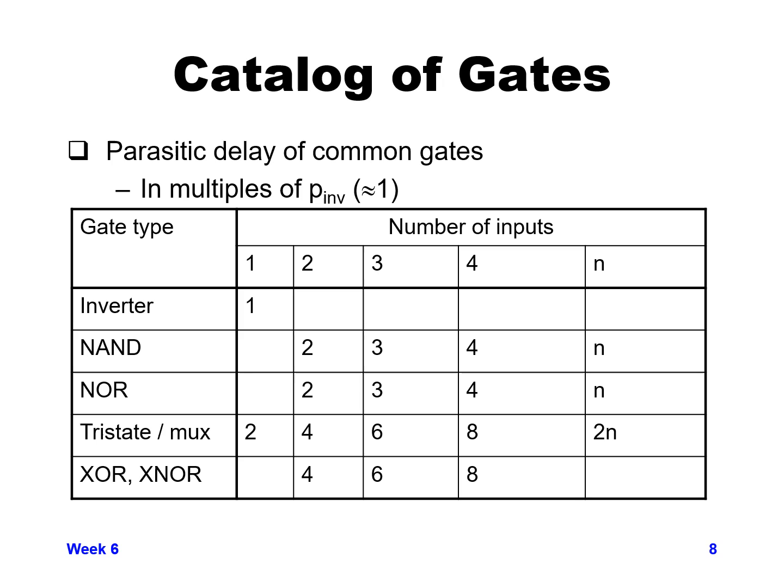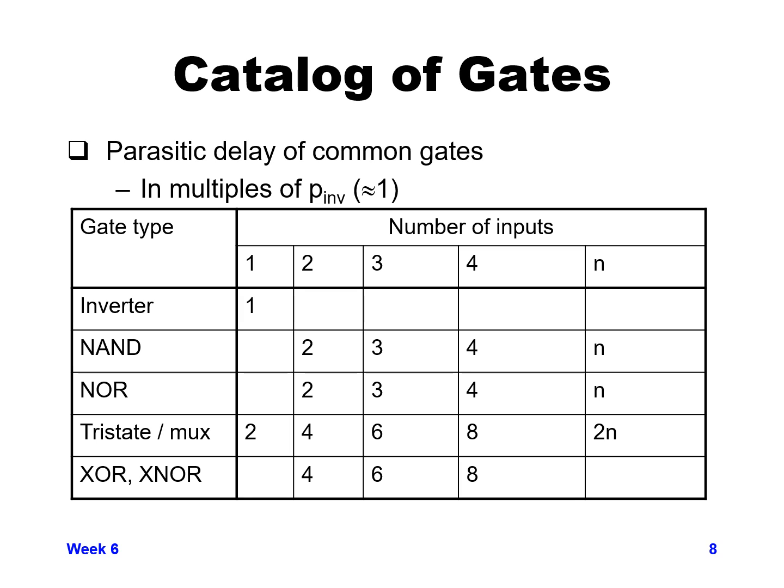So down below it gives the parasitic delay for these same common gates, and what it is also as a function of the number of inputs for that type of stage.